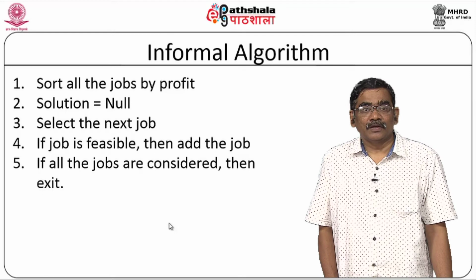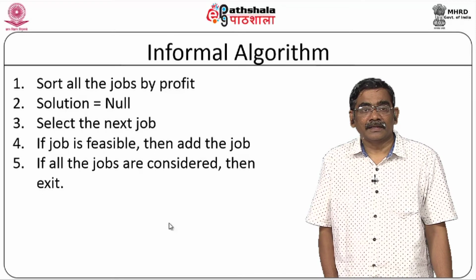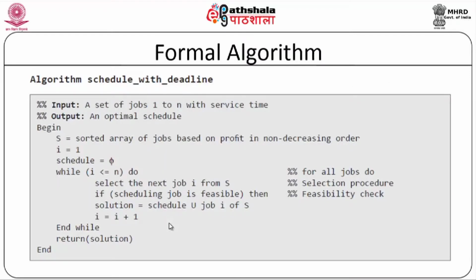If all the jobs are considered, then exit. This is the formal algorithm. There are n jobs given with service time. The aim is to generate an optimal schedule. First you are sorting.